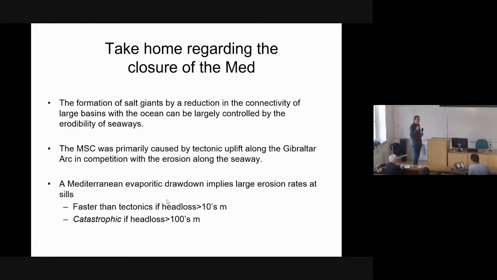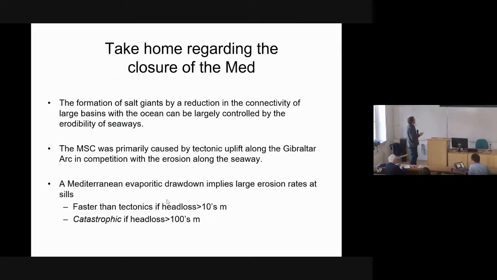So those seaways are important to understand and to constrain, because being so large, basins like the Mediterranean need so much inflow water that as soon as there is a little bit of level difference between the two sides, they will generate high amounts of erosion rates.